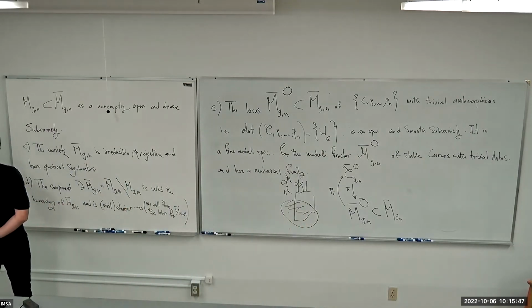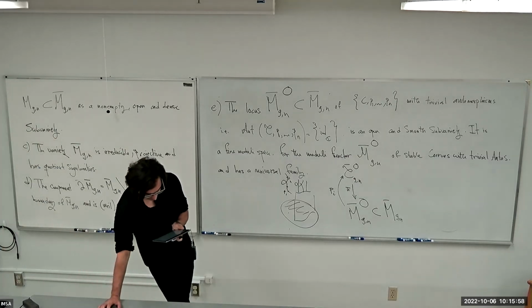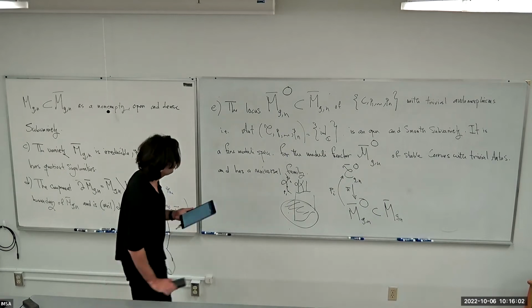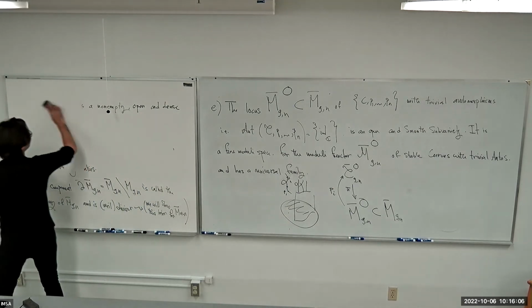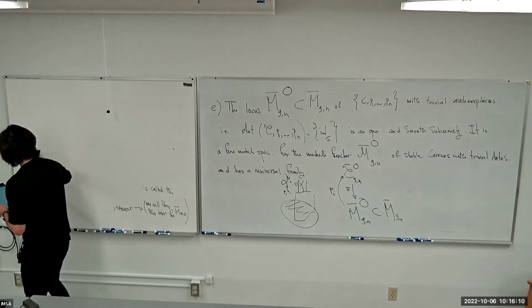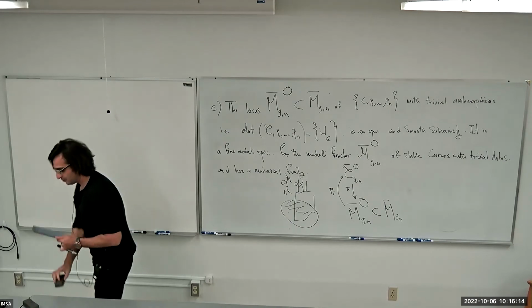Okay, so what is it I want to show you? Yeah, so maybe I can draw a picture of all of these statements of this large theorem, about families of stable curves.